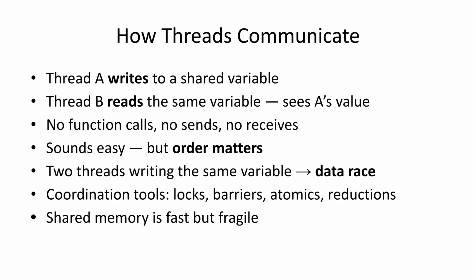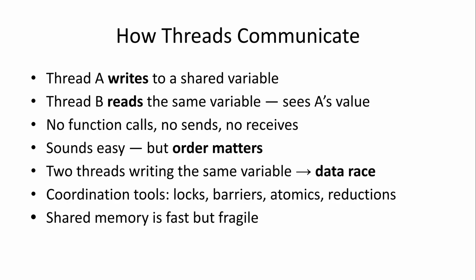Why? Because multiple threads might try to modify the value at the same time, and then we will have an issue. Typically we refer to this as a race condition, or a data race.